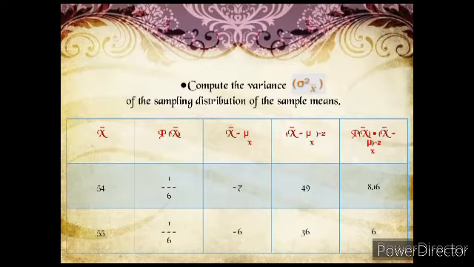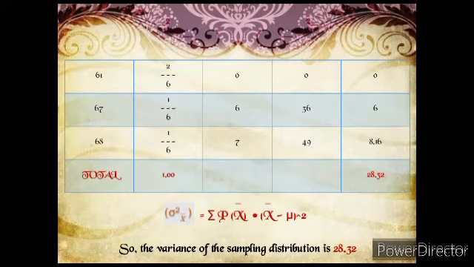On the fifth column, which contains the probability times the sample mean minus the mean of the sampling distribution squared, 1 over 6 times 49 is equals to 8.16. 1 over 6 times 36 is equals to 6. 2 over 6 times 0 is equals to 0. 1 over 6 times 36 is equals to 6. 1 over 6 times 49 is equals to 8.16.